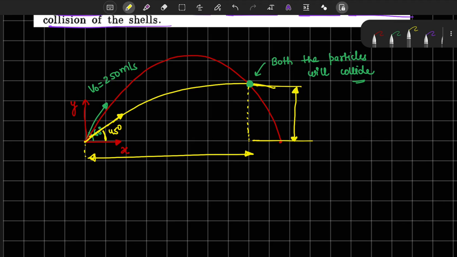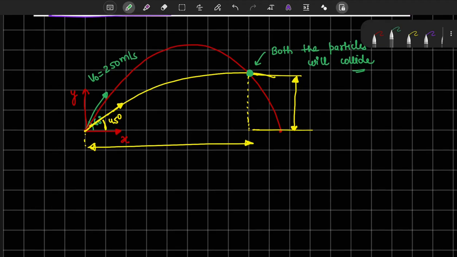Let us say this is particle 1. It is taking the time of t plus delta t because it was fired before this one, to reach here.